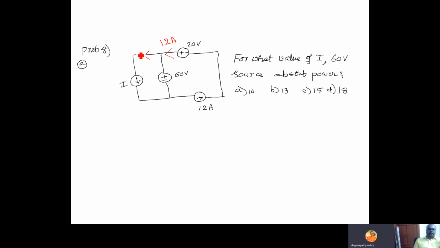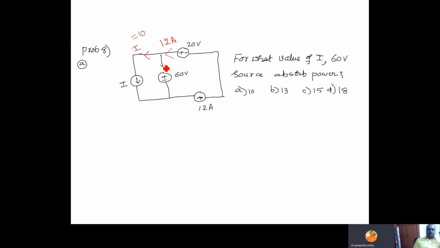Here the current of I is already given, flowing like this. Now we try all the options. If this I is 10, then 12 is entering and 10 is going this side.